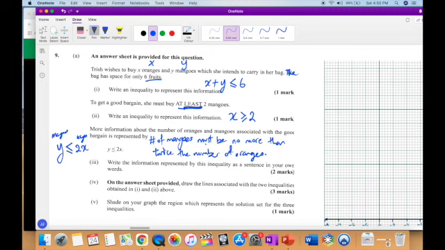So the number of mangoes must be no more than twice the number of oranges. It could be twice the number of oranges, or it could be less than that, but it can't be more than that.